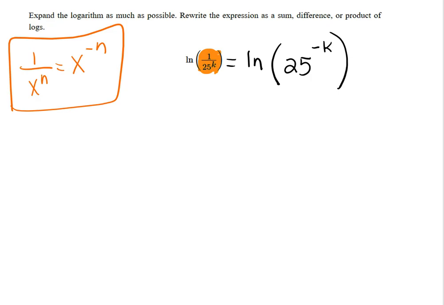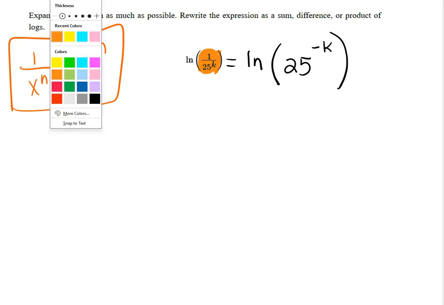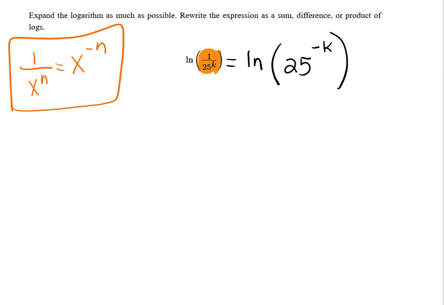And now that I have a natural log of 25 raised to a power, I am going to use the logarithm rule that says the natural log of x raised to the nth power will equal n times the natural log of x.